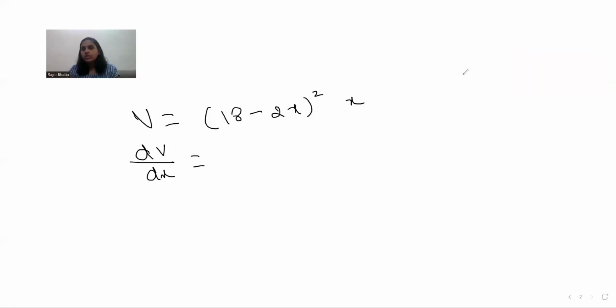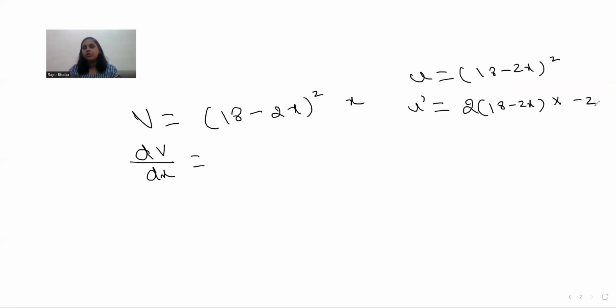So u is (18 minus 2x) whole square. So u dash will be twice of 18 minus 2x, and then the differentiation of 18 minus 2x, which is minus 2. So u dash is minus 4 into (18 minus 2x). Now v will be x and v dash will be 1.